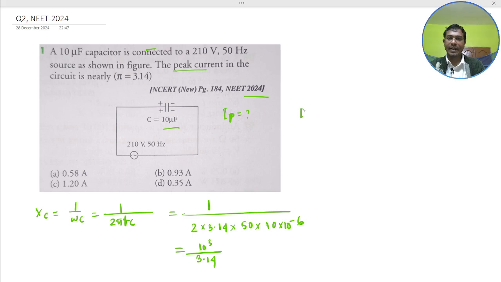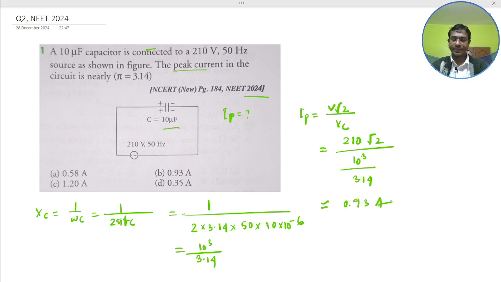For a C only circuit, the peak current is V root 2 by XC. Putting in V 210 root 2 and XC as 10 to the power 3 by 3.14, this would be 0.93 ampere. B is our correct answer.